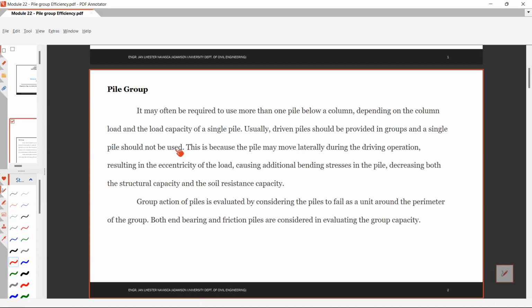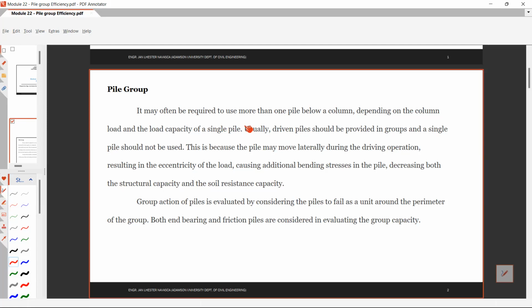Okay, however, mas madali yung capacity if you will add additional piles, okay, of the same size, compared to increasing the size or increasing the diameter of your piles. Okay, bakit? Kasi the geotechnical engineers will be the one to provide the diameter of the piles.